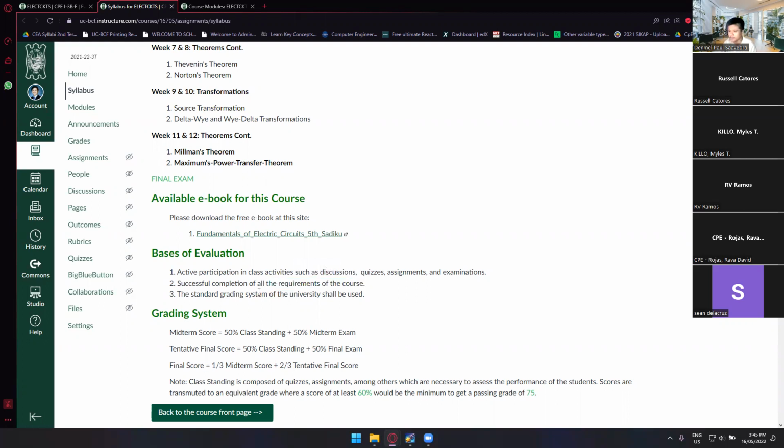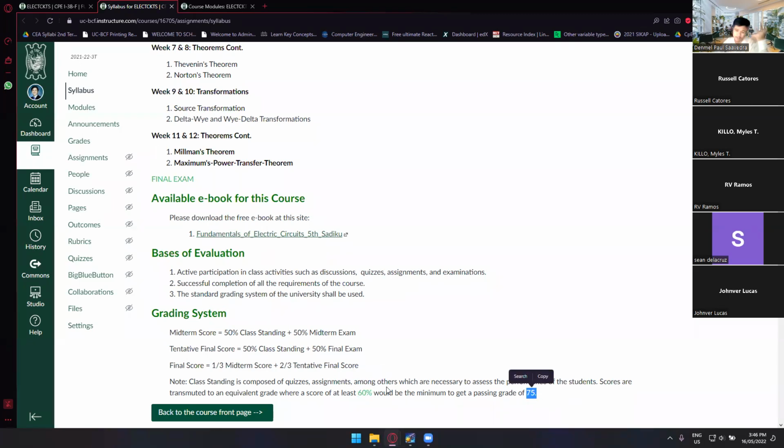Okay, and then the last one is the standard grading system. So it's still the same. Nothing has changed for the past 3 years, I guess. So we'll start with midterms, no problem anymore. This is how we compute your midterm. This is how we compute your tentative final score. And then this is how we get your final grade. So based on your final score, if it's already 60%, then expect that you will already get a grade of 75.